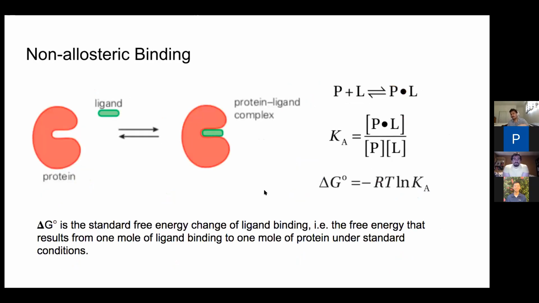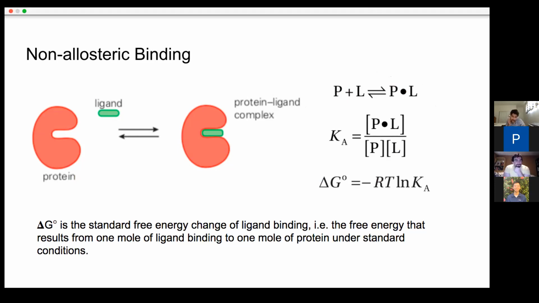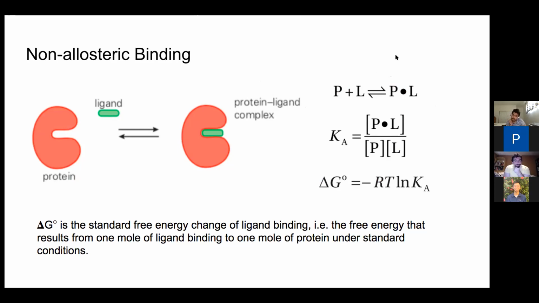So let's take, for example, a very simple single protein and simple ligand. We can model it in general in this form. You have a protein and a ligand forming a protein-ligand complex, and the small black circle denotes that this is a non-covalent interaction. As usual, for all these types of equilibria, we can write an equilibrium constant for this reaction.